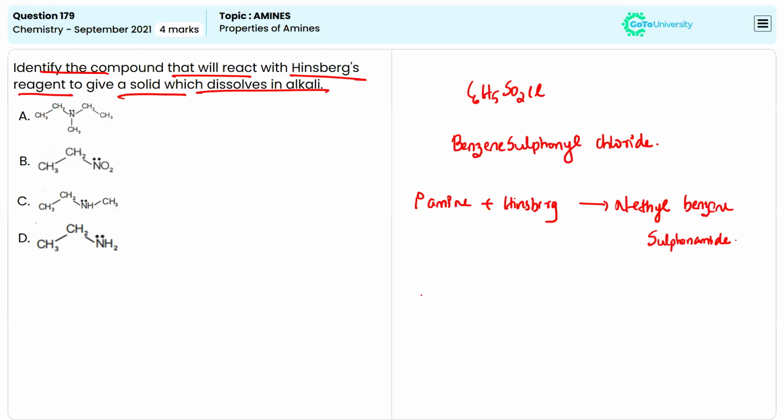Okay, at the same time, if you are taking a secondary amine, they react with Hinsberg reagent and they will produce N-ethyl N-methyl benzene sulfonamide.